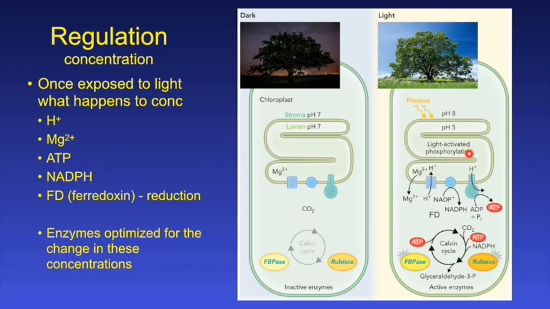So a pH change happens. That's one of the signals. Also, NADPH concentrations go up. That's a signal to make things go. Additionally, ATP is produced. That's a signal. We're going to compare the concentrations of Pi and ATP in the dark and in the light, and that will cause things to happen.